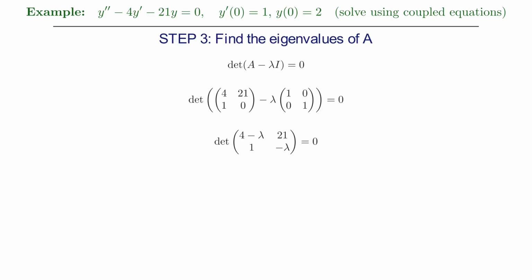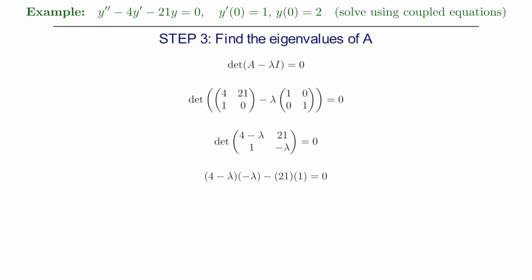For a 2 by 2 matrix, we know that the determinant is we multiply the diagonals and then take the difference. So we do (4 - λ) multiplied by (-λ), and then we subtract the other product of the diagonals, the 21 multiplied by 1, and this is equal to 0.